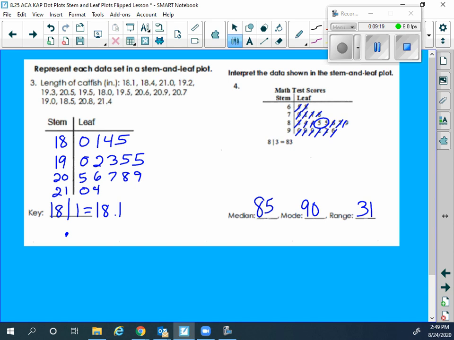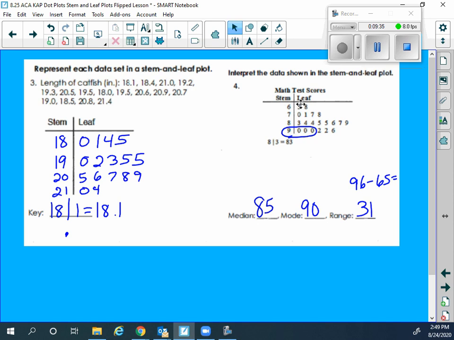Okay, the mode, I need to erase this now because you can't see anymore, was the one that appeared the most often, there were 3 90s. And then the range we got by doing 96 minus 65, which is 31.